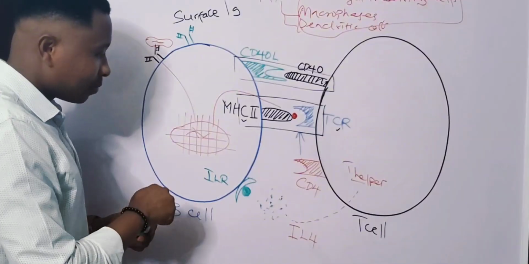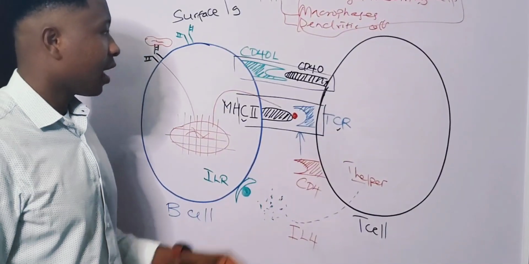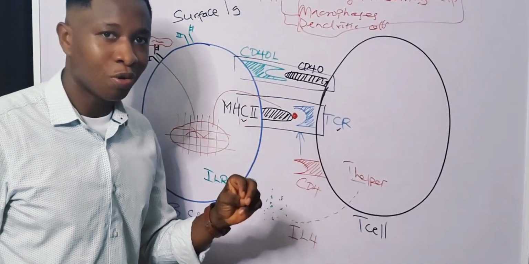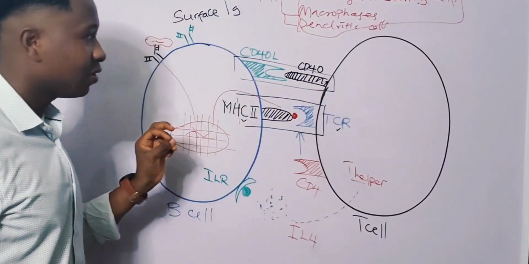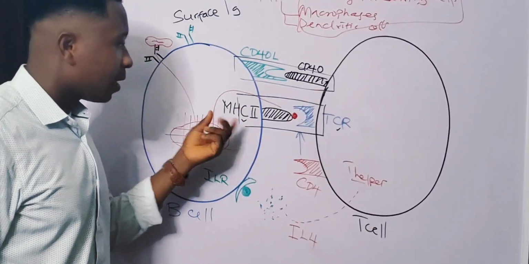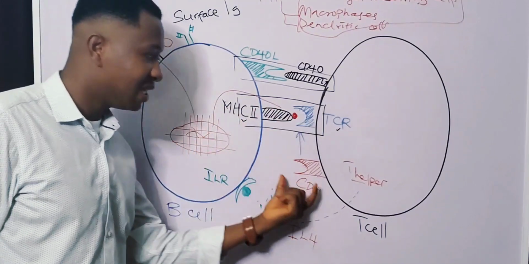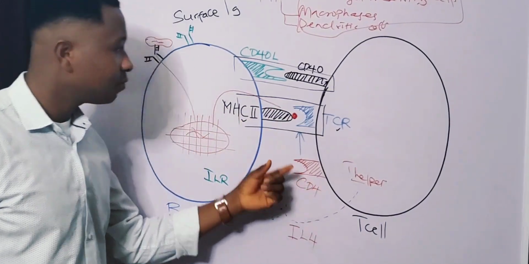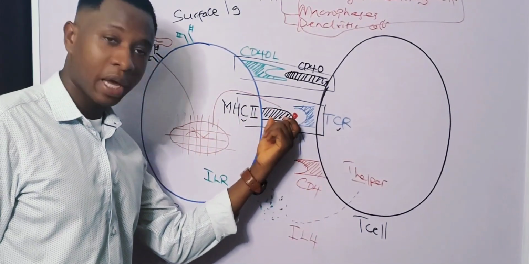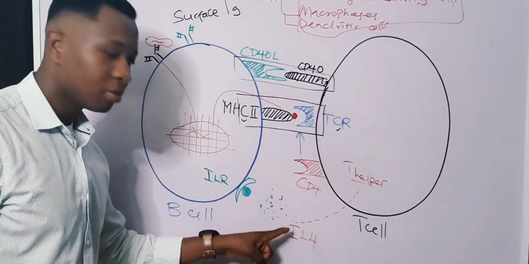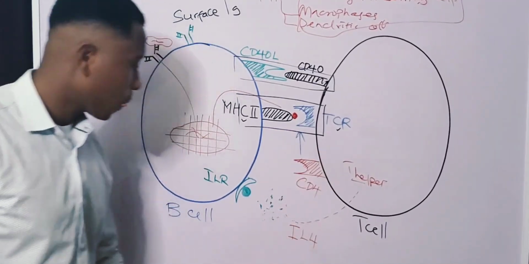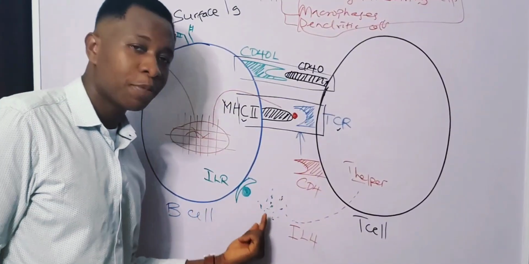So when this binding occurs, every other binding is good to go, right? So we have the CD40 ligand binding with the CD40, MHC, TCR, then CD4, causing a strong binding to happen here, right? And releasing cytokines, specifically interleukin 4, that binds to the interleukin receptor.